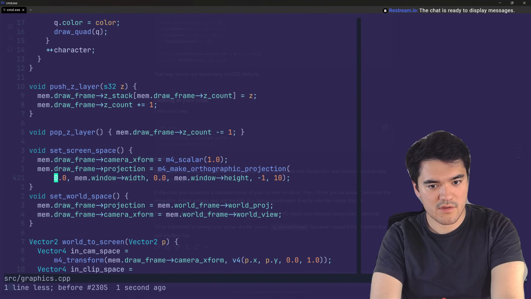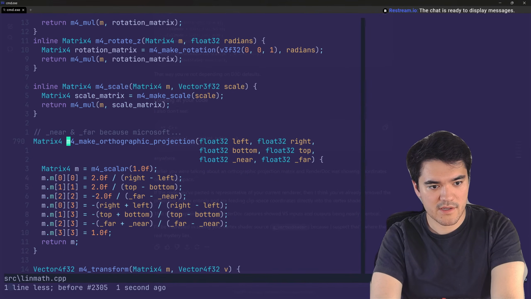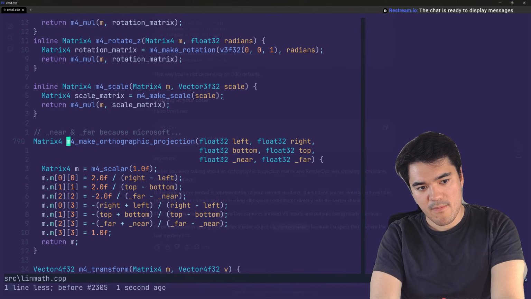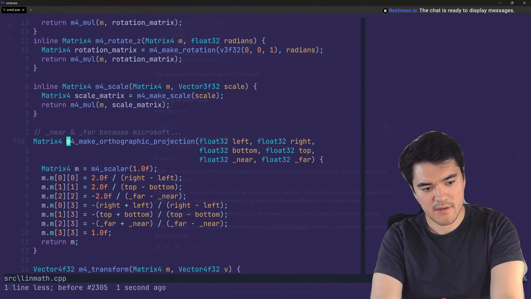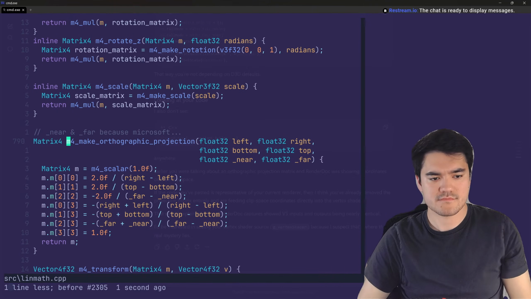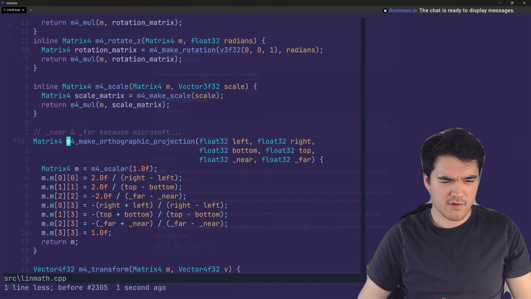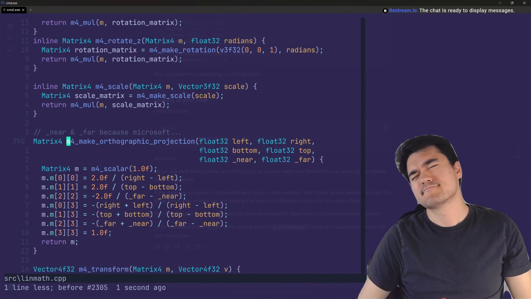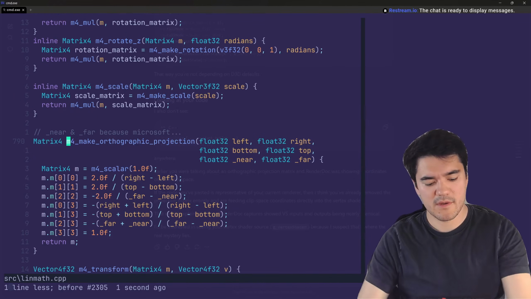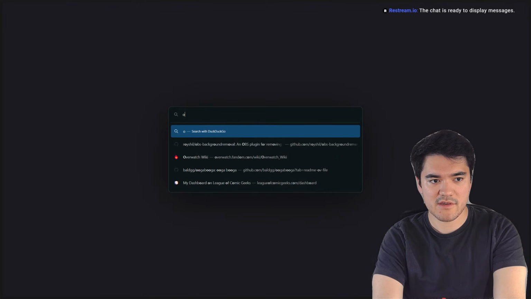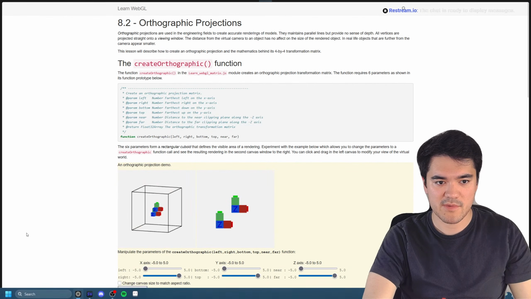So here may be wrong, right? So if we look at left, right, bottom, top, near, far. I think I need to pull up what the orthographic projection matrix is supposed to be.